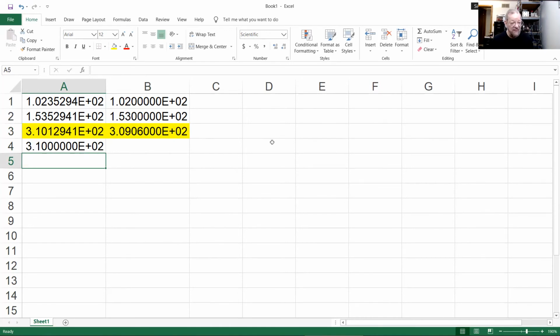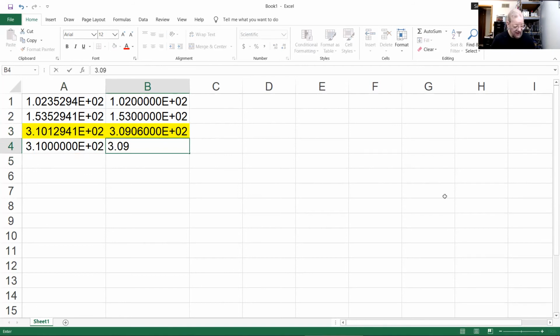Now, if we look at B3, this one, that also we'd round off to 3 significant figures. And here we get 3.09 times 10 squared. Forget about the zeros. And notice they're different. And which is correct? On my test, both will.